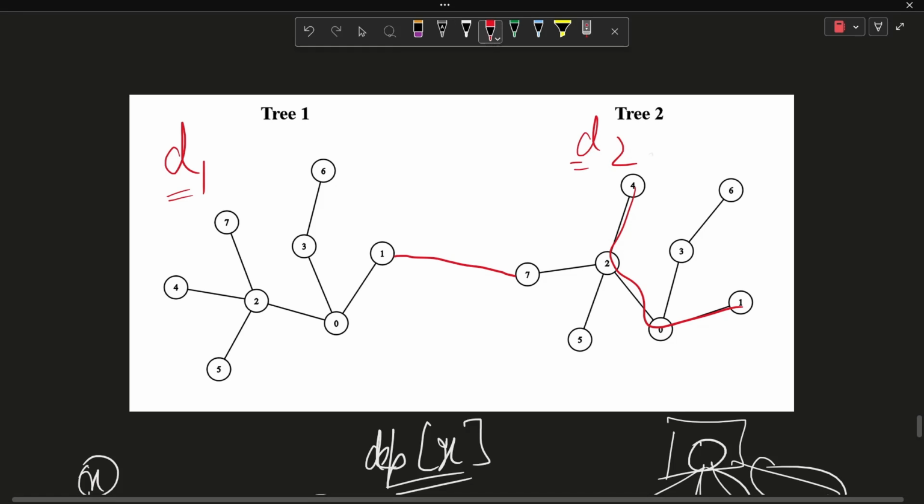D2 is the diameter of the second tree, and D1 is the diameter of the first tree. If this is the longest path even after connecting, then D2 would be our final diameter.